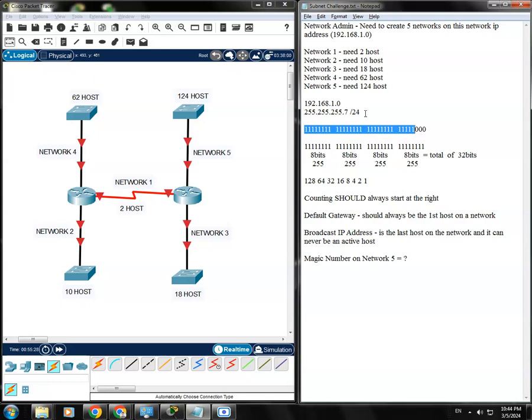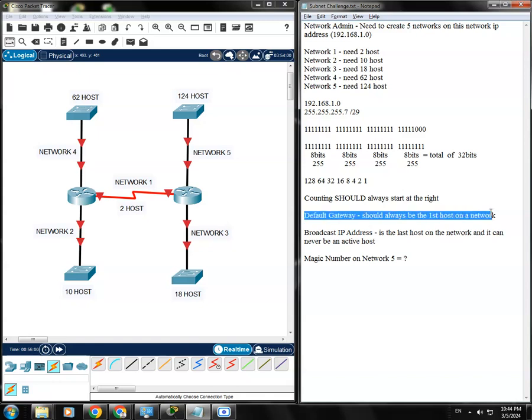So this now becomes a slash 29. The reason I show you is so that you will know why it is slash 24, and I also provide an example on how we can determine if it's a slash 24 or another slash.